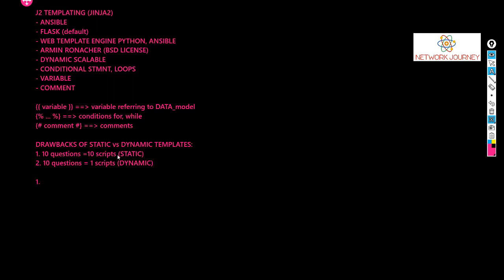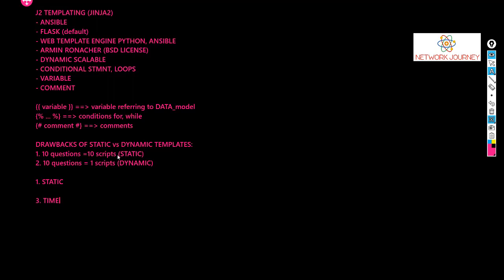If you talk about scalability, static is never scalable. If something new comes up, you have to change the script accordingly. But in the case of dynamic, you just have to tweak those data models and the rest is going to be the same. With respect to time, static is going to take more time, right?